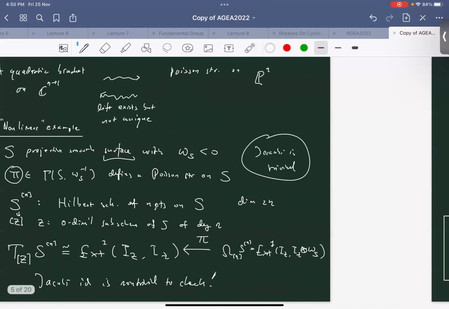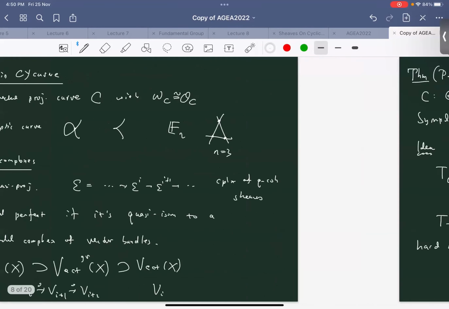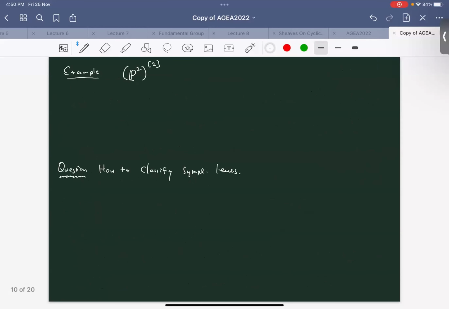Now if I take this Poisson structure, I will give you some examples of symplectic leaves of this 4-dimensional space.